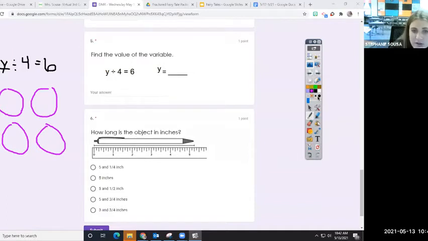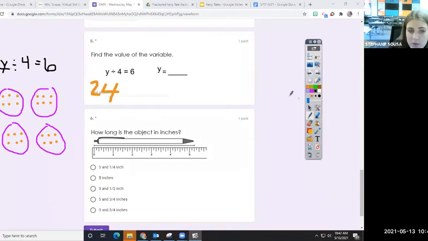My answer tells me that there are going to be 6 objects in each group. 1, 2, 3, and so on up to 24. 24 divided into 4 groups puts 6 objects in each group.